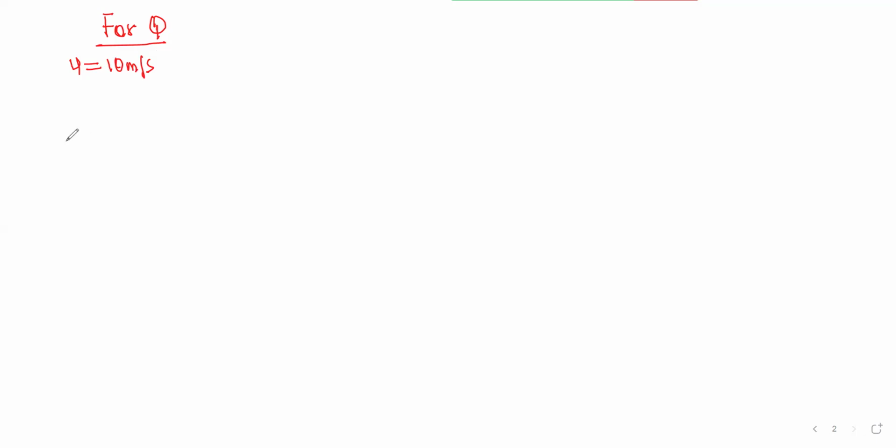So H equal to UT plus half GT squared. H is 100, equal to 10T plus half times 9.8 T squared.